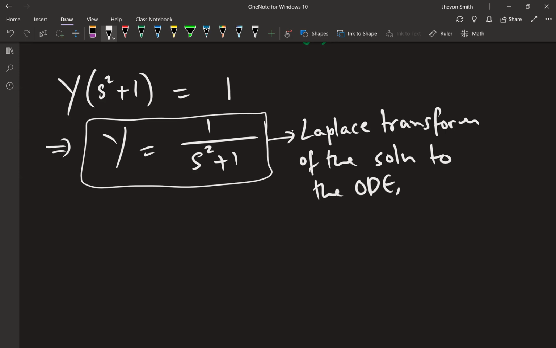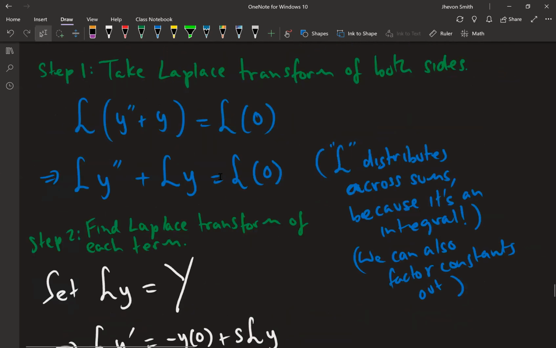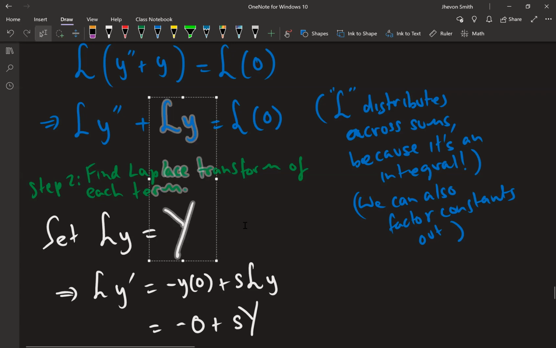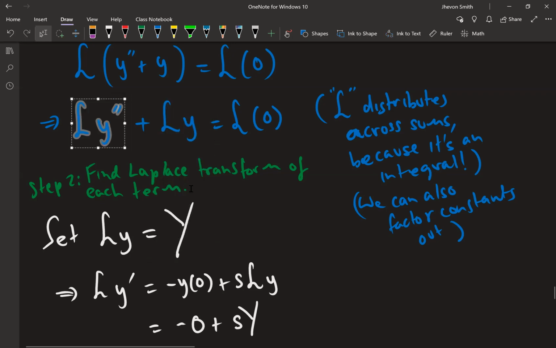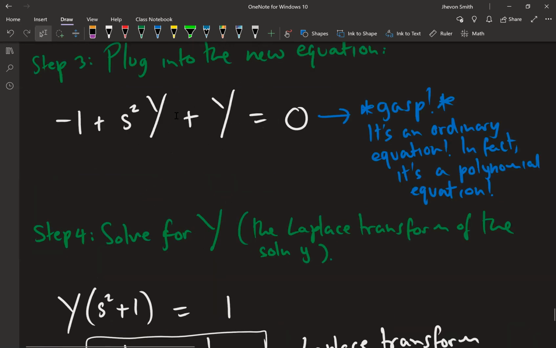That is the solution of the ODE in the variable s. Was there an s that I missed? No, it's an s squared plus 1. There was no s in front of this. The Laplace transform of y is just big Y, so that gets replaced with big Y. And then this guy here gets replaced by that.